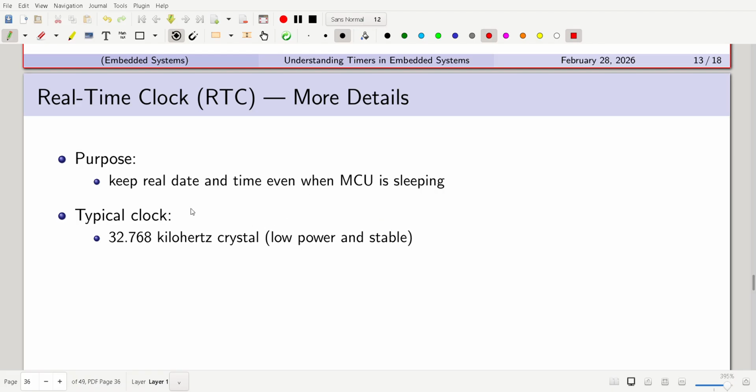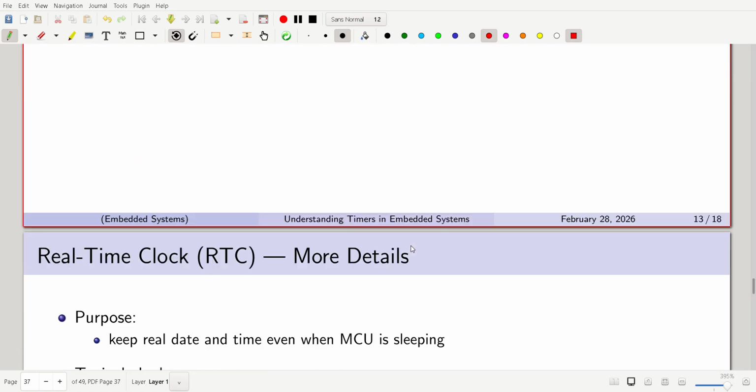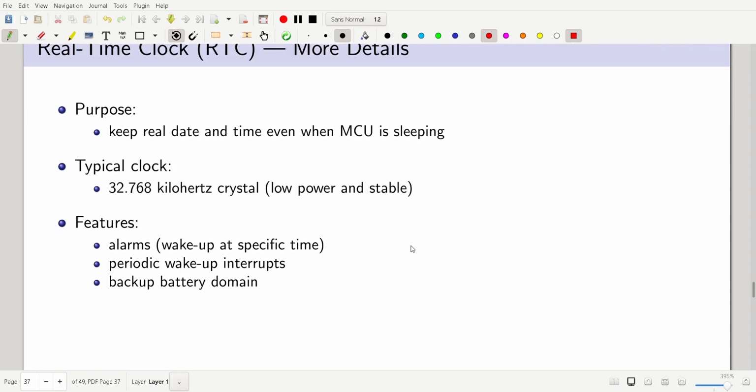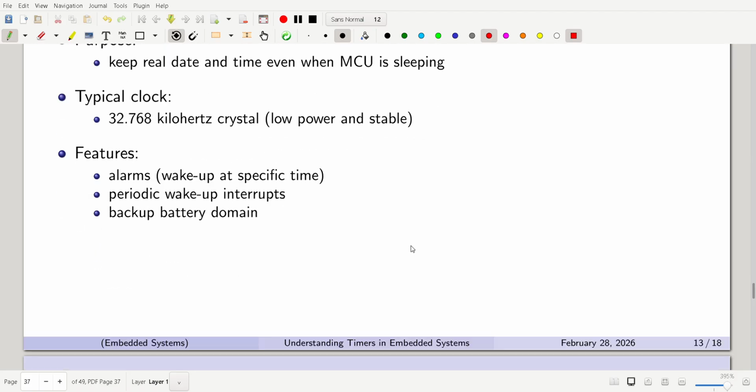Purpose: keep real date and time even when the MCU, the microcontroller, is in sleep mode. Typical clock is a 32.768 kHz crystal, generally used for low power and stability. Features: alarms to wake up at a specific time, periodic interrupts, and a backup battery domain.